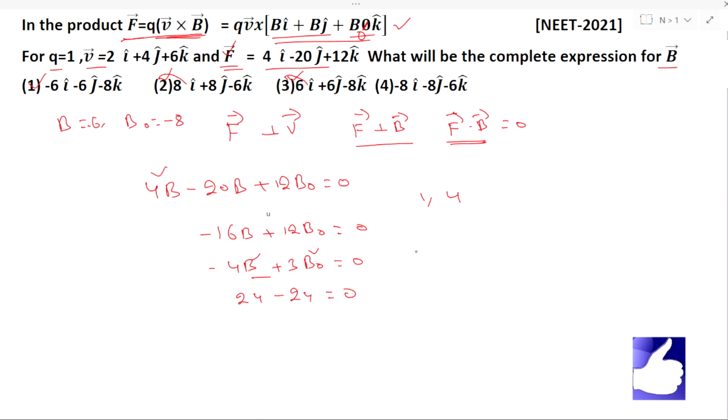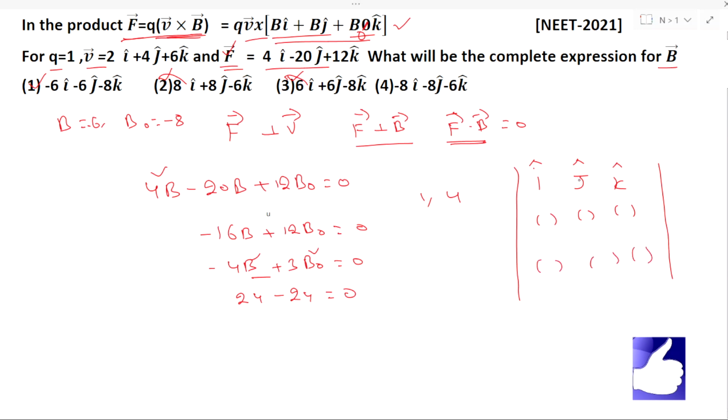If you want to go in a general way, what you have to do is calculate the cross product of v bar and B bar. That is i cap, j cap, k cap. Then write the coefficients of v bar here, and similarly write the coefficients of B bar.